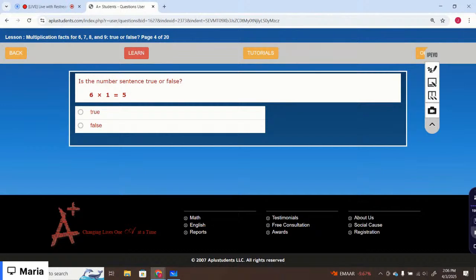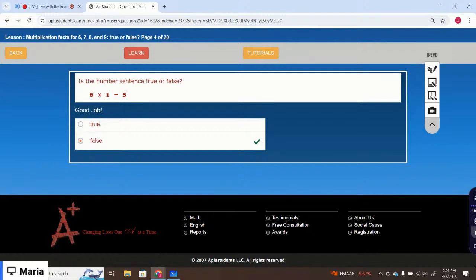Is the number sentence true or false? False it is. 6 times 1 is not 5. That is false. Option number 2 is the correct option.